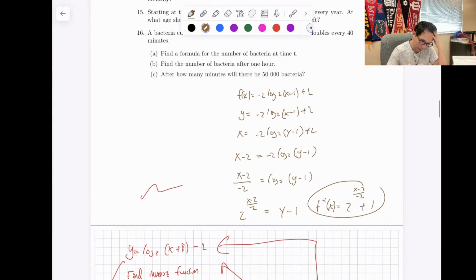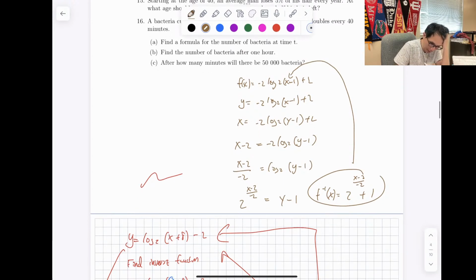So plug it back into here. So it'll be f of x, or f of g of x, sorry, f of g of x, because you want to plug in the inverse. So it'll be -2 log 2 of 2 to the x minus 2 over -2 plus 1 minus 1, right? Plus 2. Is that okay?